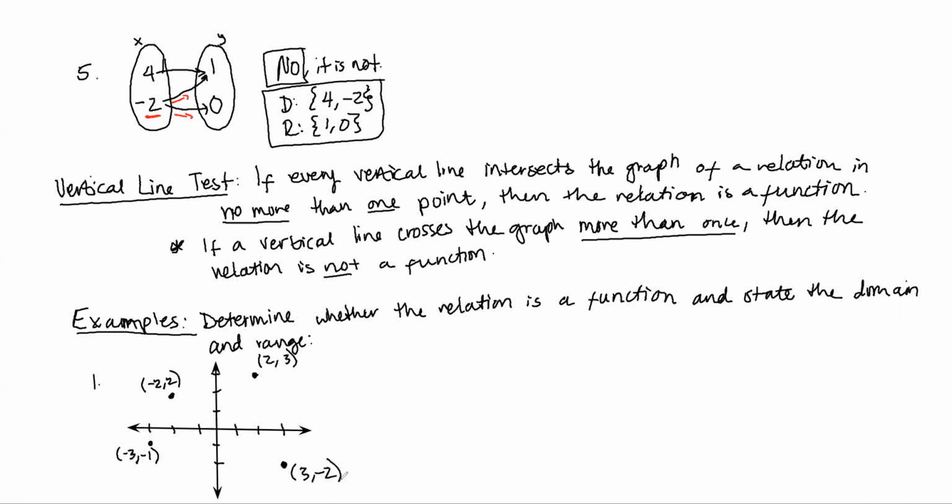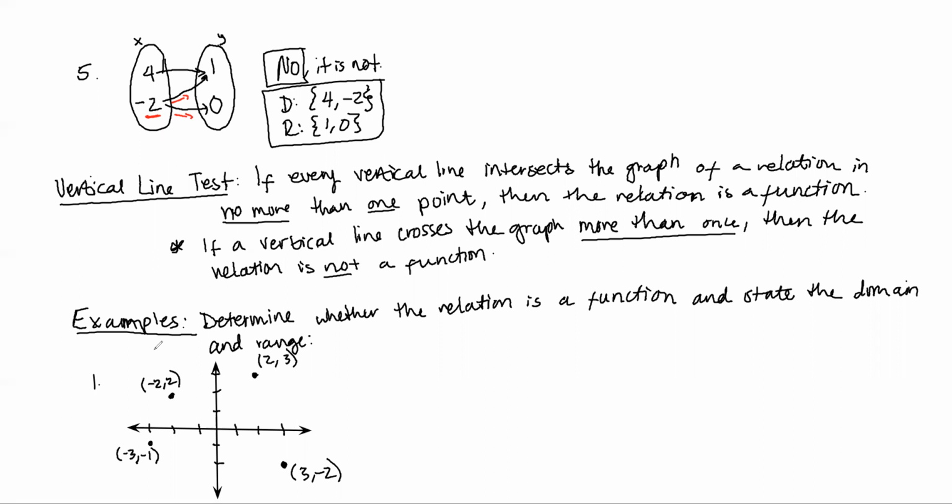Now, this is a graph because we've plotted the points on a graph. It's not a graph in the sense that we have these points being connected, which is perfectly fine. What we can do though is figure out if this relation is a function using the vertical line test. So what the vertical line test says is that if we can draw a vertical line and it passes through the graph at more than 1 point, then this is not a function.